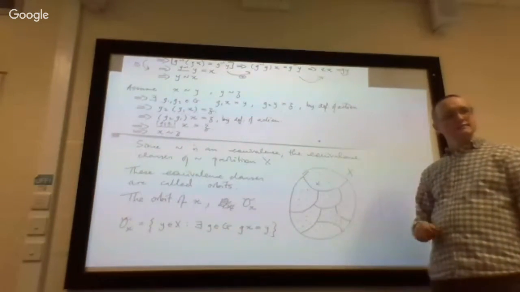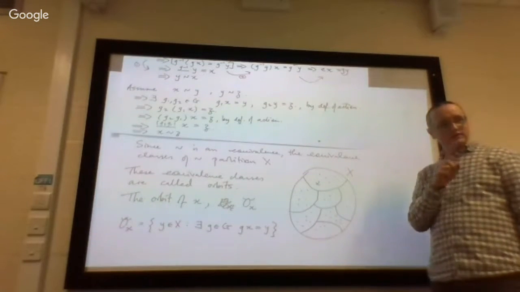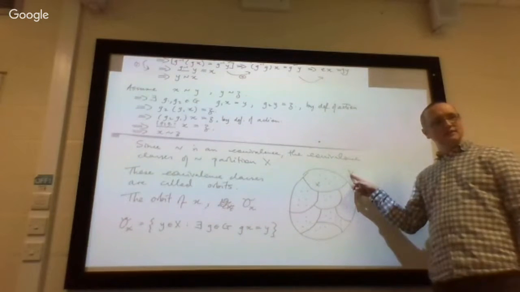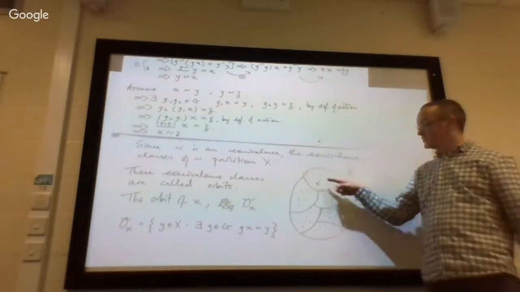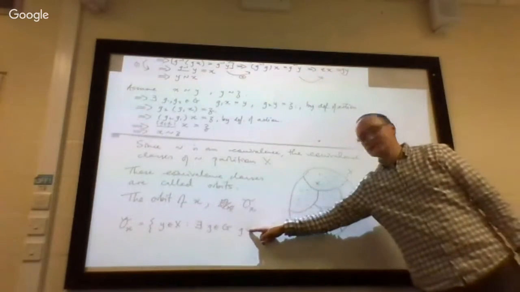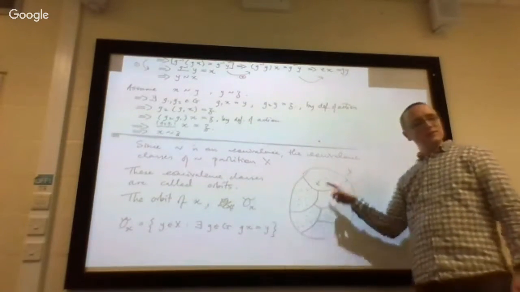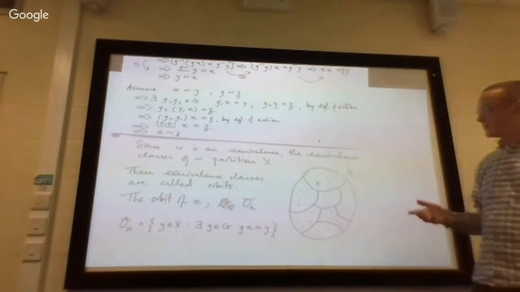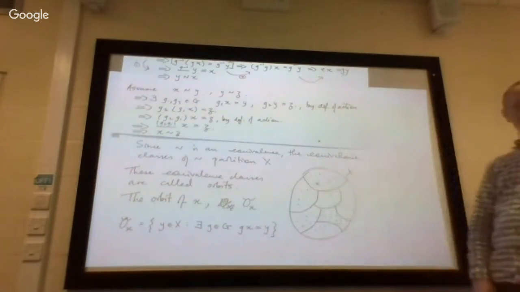So are they all the same in that orbit? They're all equivalent. They're different elements of the set X, but they're equivalent, meaning you can move from one to the other by hitting that with a group element. So you think of it like a dynamic process. There's all the elements of the set X sitting there.